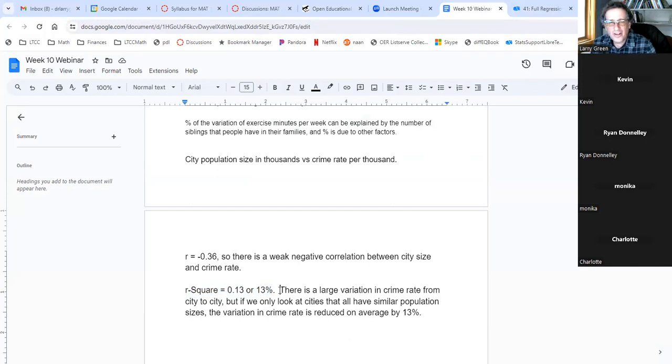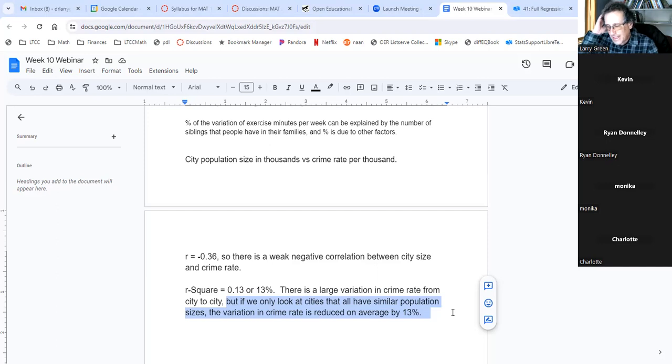So what we can say is there's a large variation in crime rate across cities. Okay, so if we look at New York's crime rate versus, let's say, Sacramento's crime rate versus Myers' crime rate, that crime rate is going to change a lot. Do you agree? Okay, but if we only look at cities that have similar population sizes, then the variation in crime rate is going to be reduced on average by 13%.